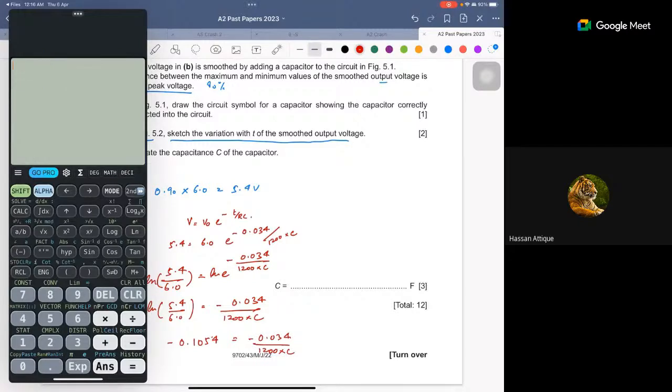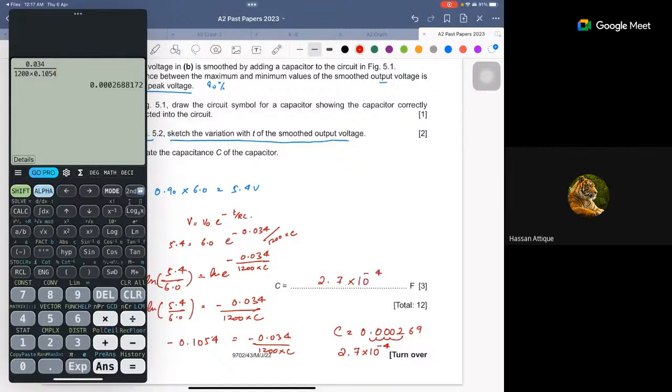So C is going to be 0.034 divided by 1200 multiplied by 0.1054, and it's 0.000269. That's 2.7 times 10 raised to minus 4. I think that should be the answer.